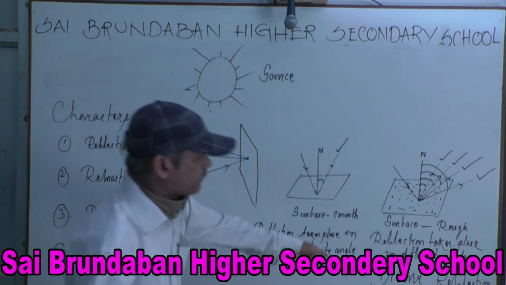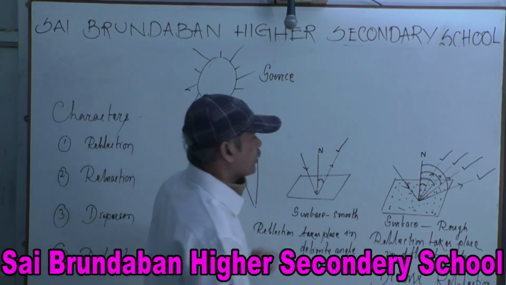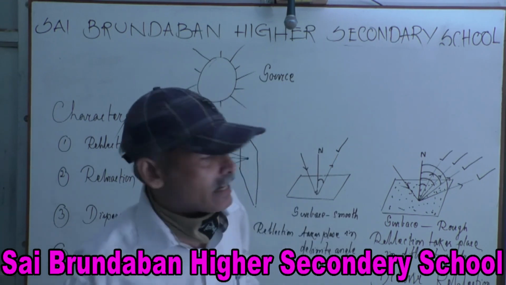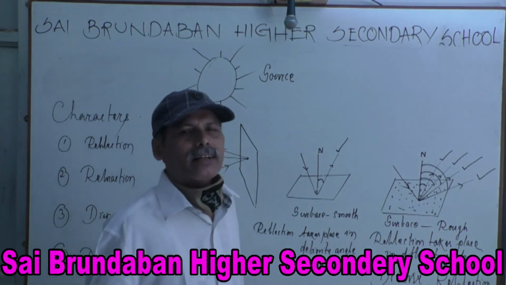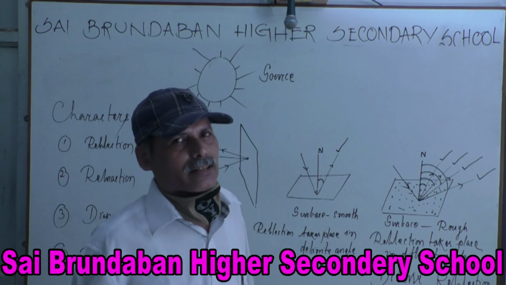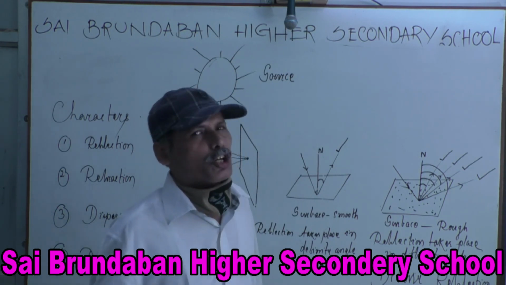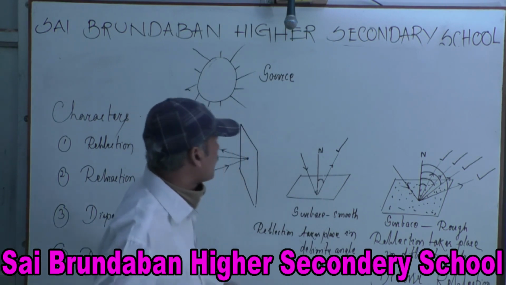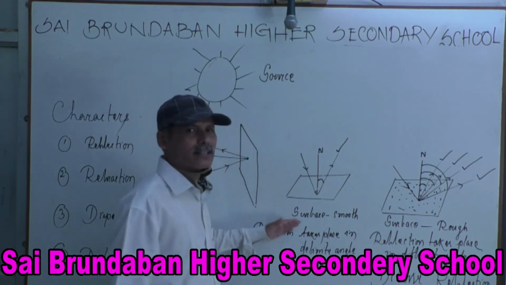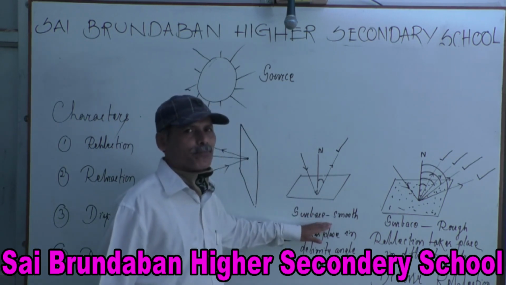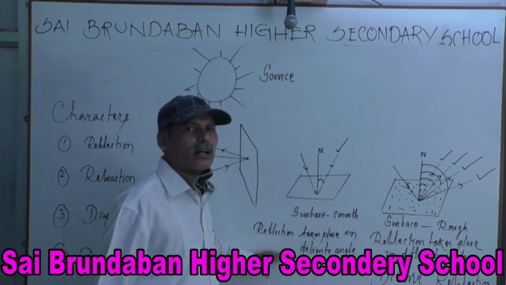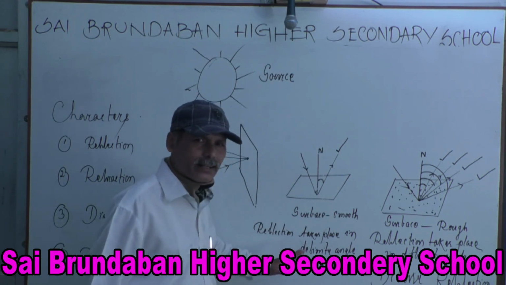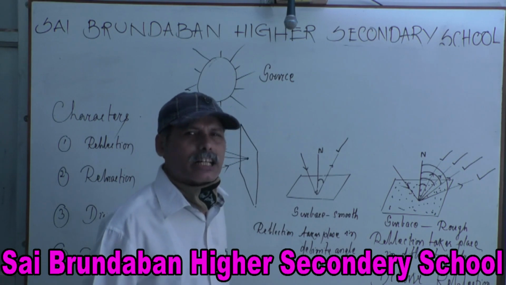Remember, when light hits or strikes a rock surface, then the reflection is said to be diffuse reflection, and there is no definite angle of reflection. But when light strikes a smooth surface, then there is a definite angle of reflection and the reflection is said to be specular reflection.